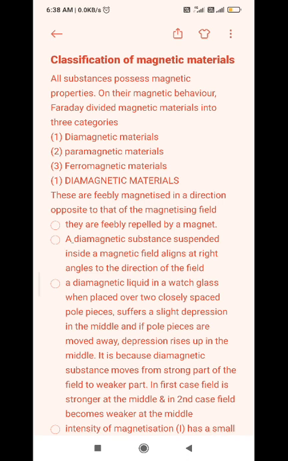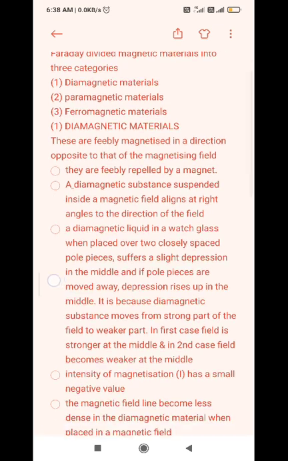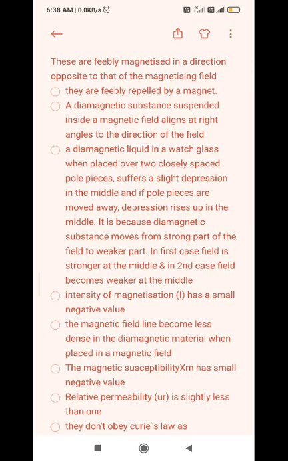If a diamagnetic liquid is put in a watch glass and placed over two closely spaced pole pieces, it suffers a slight depression in the middle, and if the pole pieces are moved away, the liquid rises up in the middle. It is because the substance moves from the strong part of the field to the weaker part.